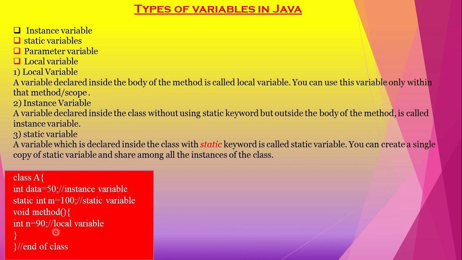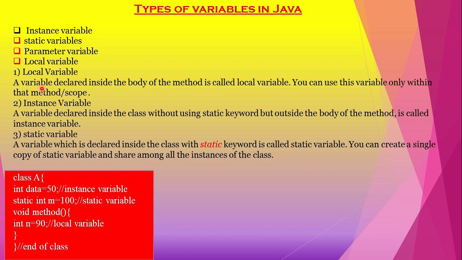Its scope will be strictly the scope of the method or the particular curly brackets where it starts and ends. That will be the scope of that particular variable. Instance variables and static variables have scope within the entire program.